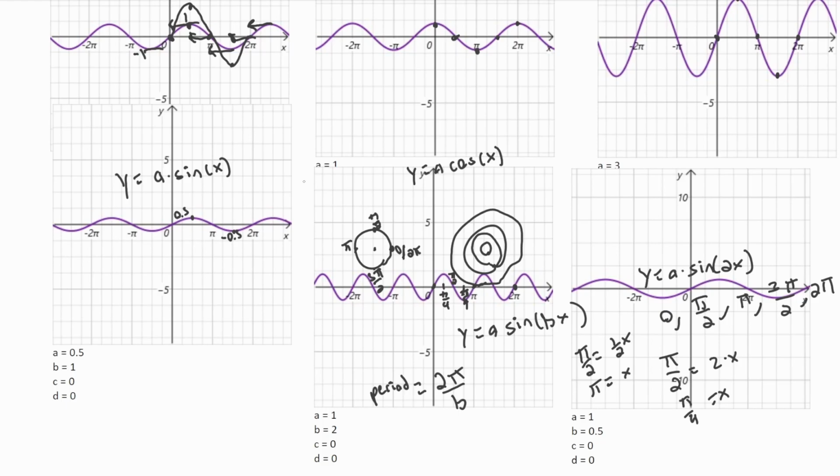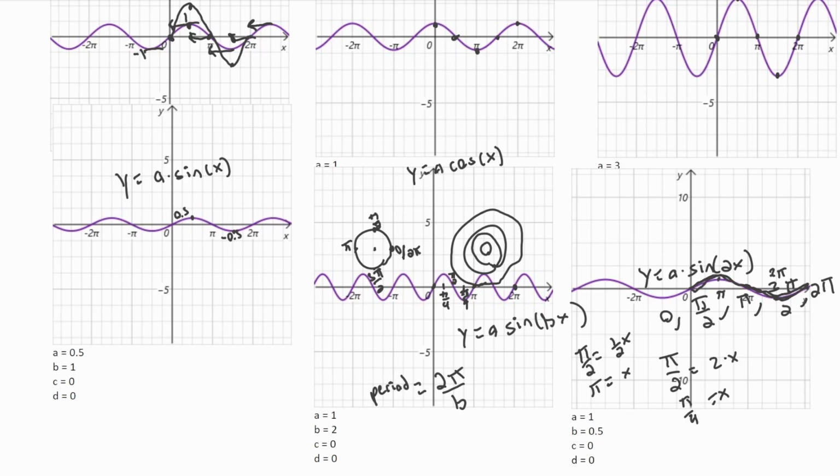That means the first key feature is not going to happen at pi over 2 or pi over 4 as it did over here. It's actually going to happen at pi. So essentially, we've stretched out the graph horizontally. We will have key features at pi, 2 pi, 3 pi, and 4 pi. And that's the amount of time it takes to complete one cycle here.